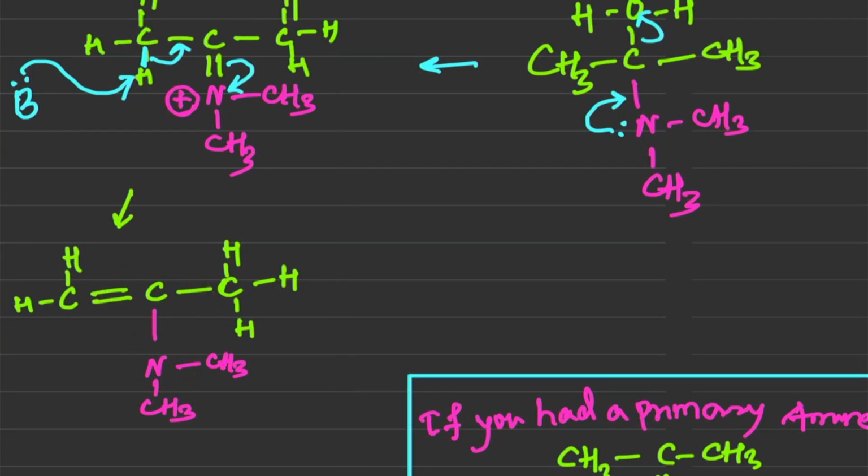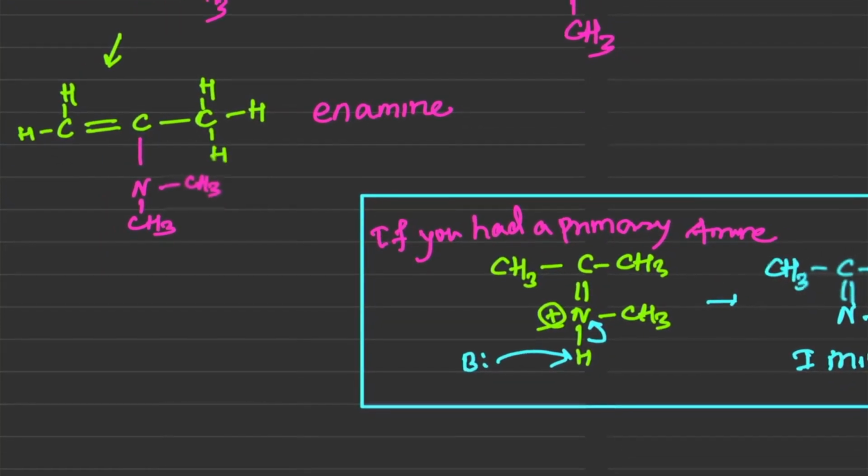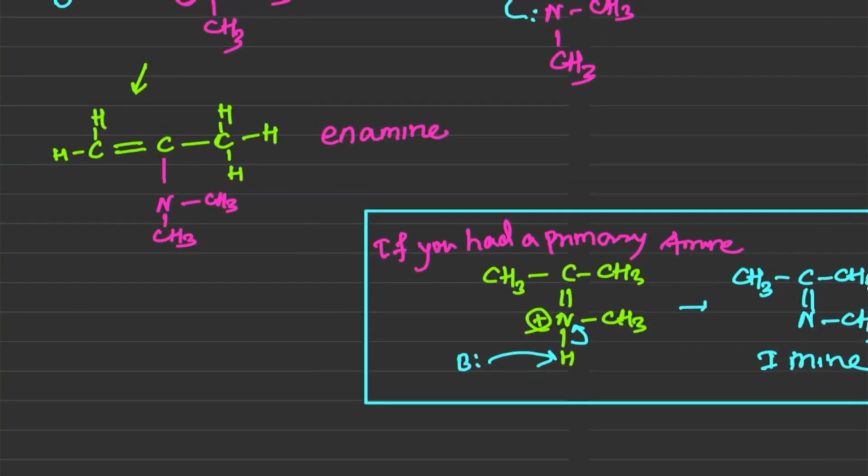This is called an enamine because it says C double bond C, that stands for alkene, ene, and then we also got the amine, so that's our enamine. If we had a primary amine, here we would have gotten an imine. So that's the difference between enamine and imine.